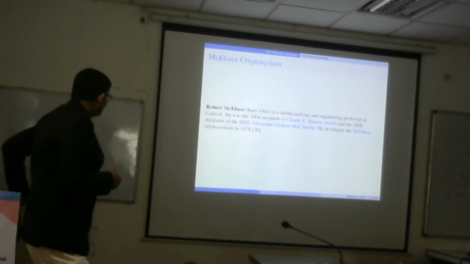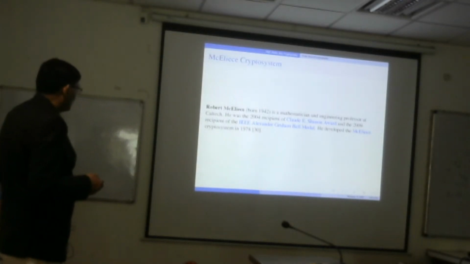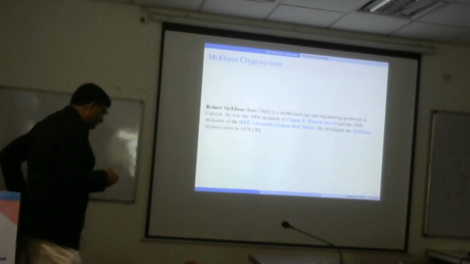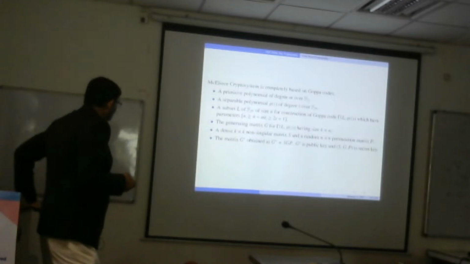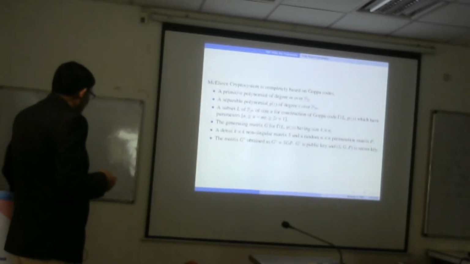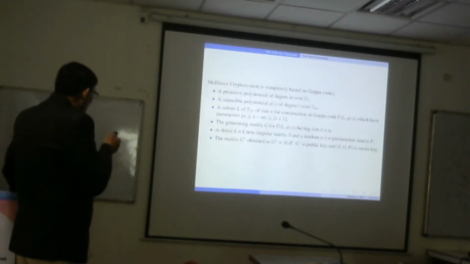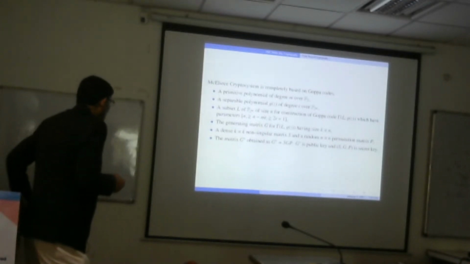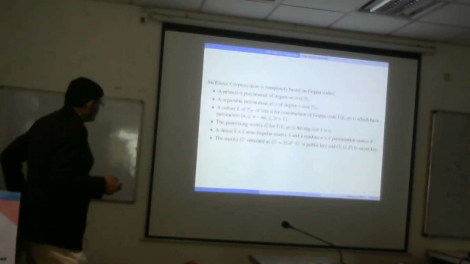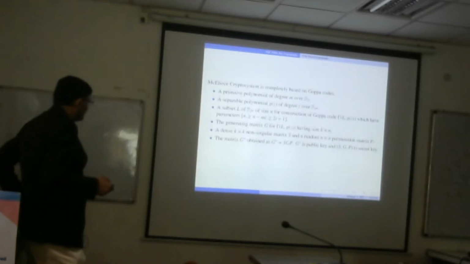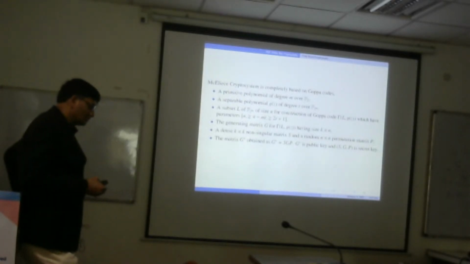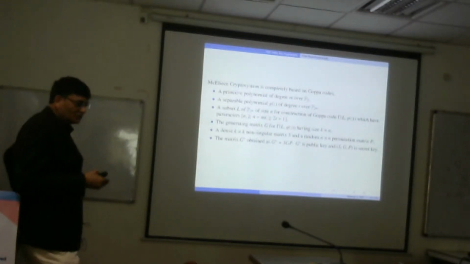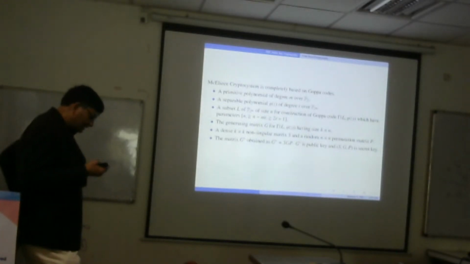McEliece published the first system in 1978, and we will give the gist of this system here. We have to choose the finite field, then we should know which code we are using to design the system. In coding theory a lot of work has been done.